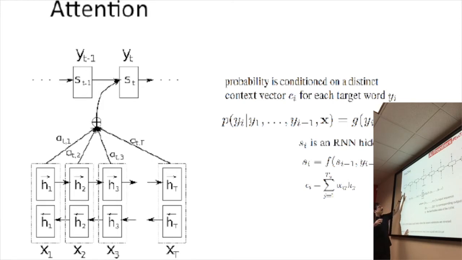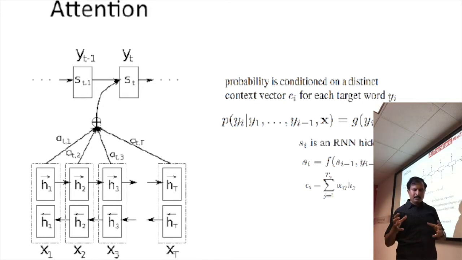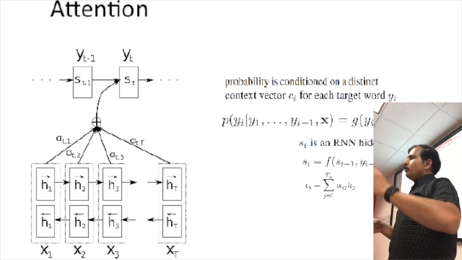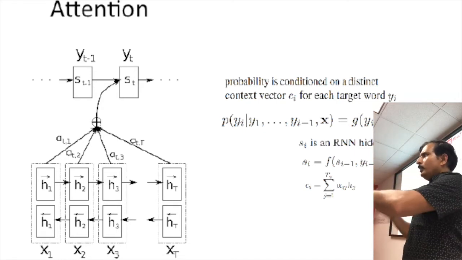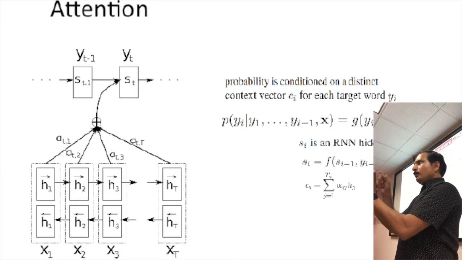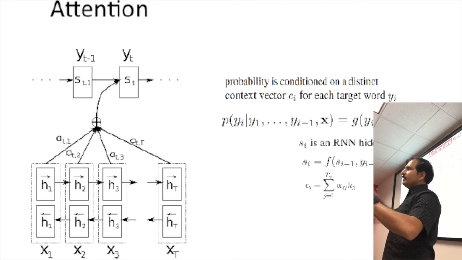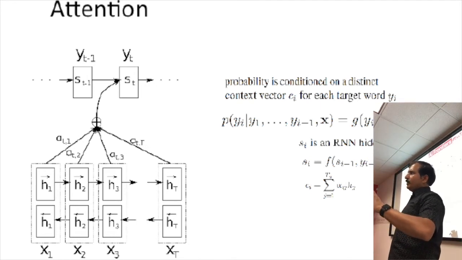Now, if this is a long sequence, the context vector, which is actually a bunch of numbers, a vector of weights, is trying to capture the information about word 1, word 2, word 3, word 4, and the dependency between word 1 and 2. It's capturing the entire semantic and syntactic information.